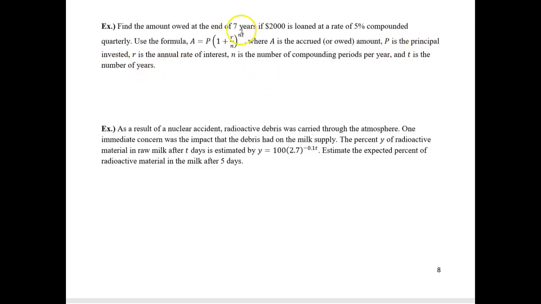Alright, so we have 7 years, so we know T is 7 years. It says find the amount owed at the end if the loan was $2,000, so that's P, the principal amount of your loan. This should say invested or borrowed.